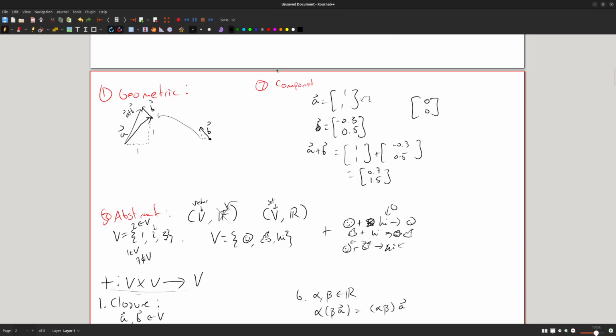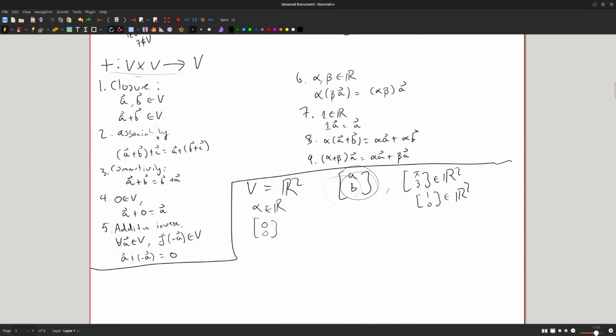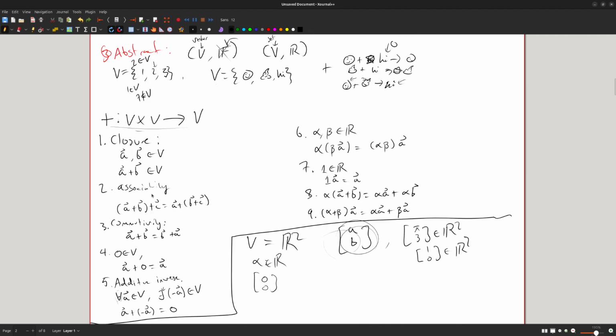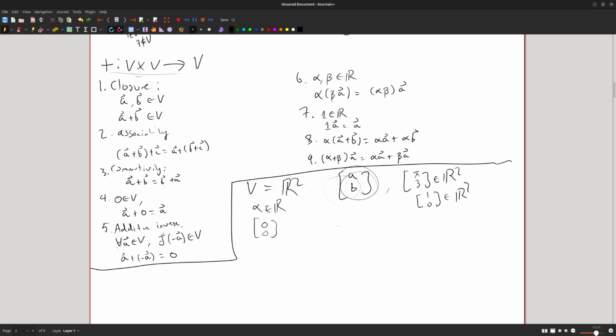And you can very easily convince yourself that your standard definition that you used to satisfies all of these rules over here. And so what a vector is, it's just an element inside of your vector space, right? So here is really the definition of your vector space, and everything inside of your vector space. So for every A element of your vector space, this is what a vector is.